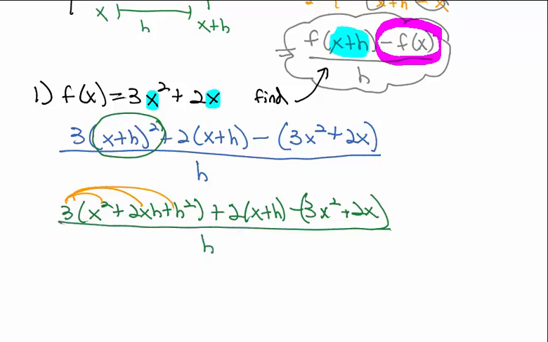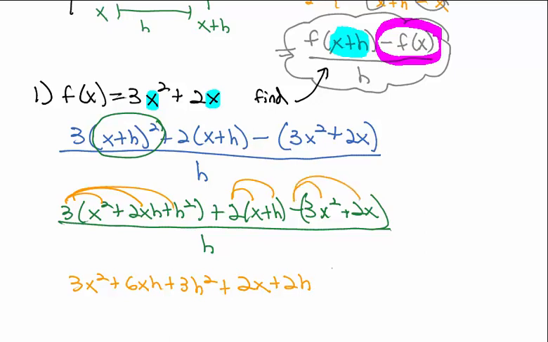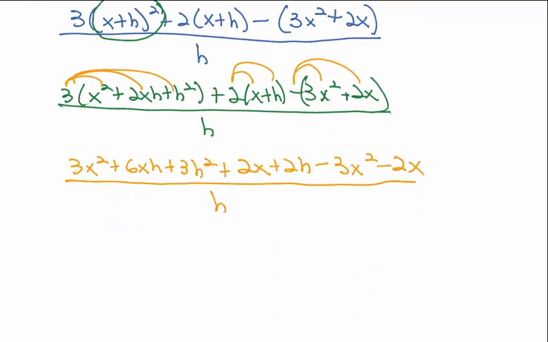As we distribute through the parentheses, we get 3x squared plus 6xh plus 3h squared, plus, distribute through the parentheses, 2x plus 2h. And then when we distribute the minus, we get minus 3x squared minus 2x, all over h.